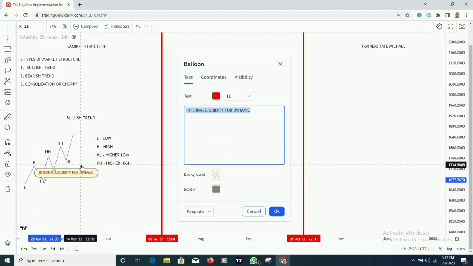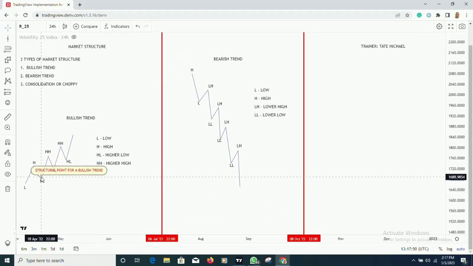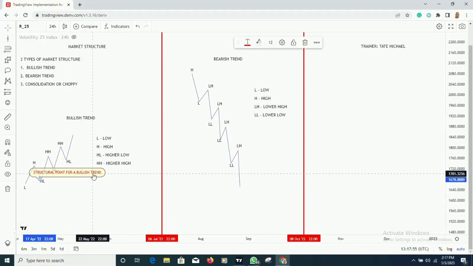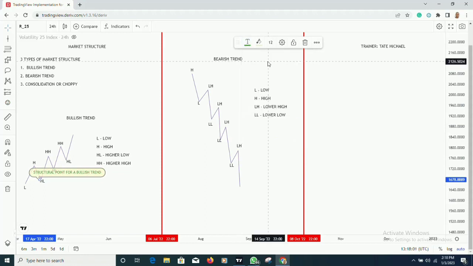It's called the structural point for a bullish trend. So this is the structural point for a bullish trend here. Let me change the color of the text to green, since we love green to be bullish.